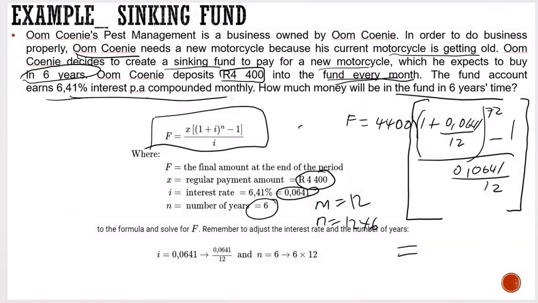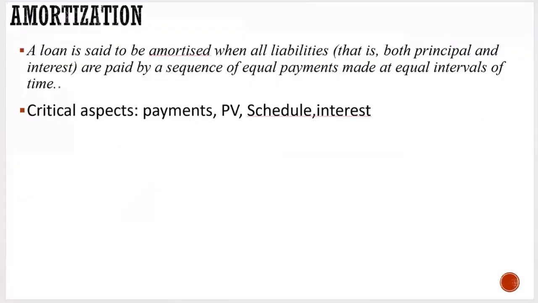Okay, so we need to look now at amortization. A loan is said to be amortized when all liabilities are taken care of. When you take out a loan, the liabilities will be the principal.